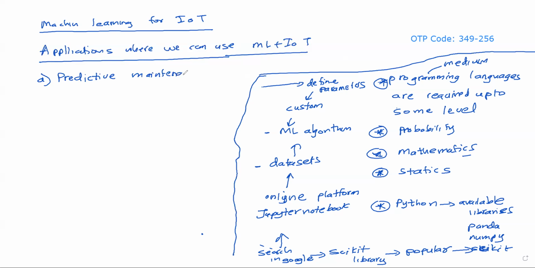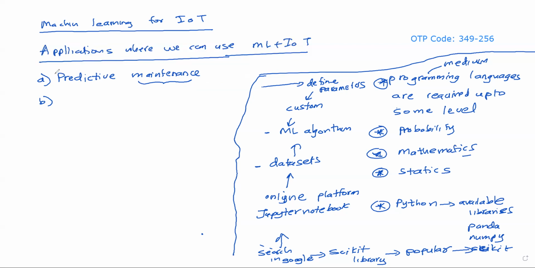In IoT applications where we need regular or dynamic maintenance of the IoT network components, we can predict the time at which we need to do the maintenance using machine learning.